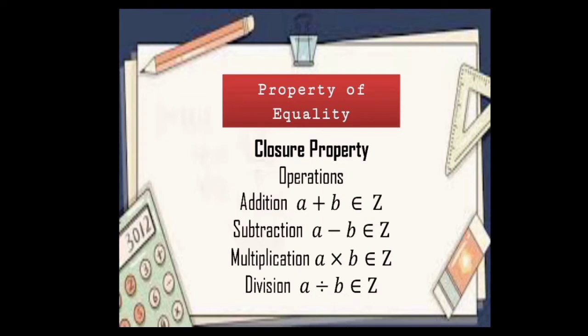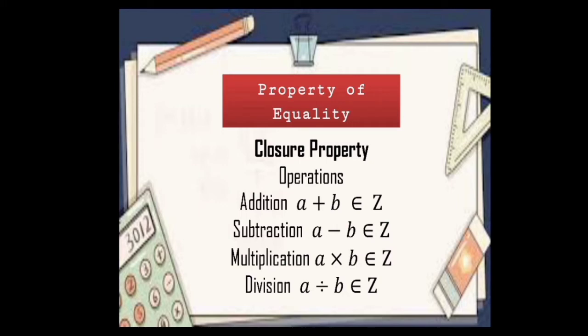The first one is addition, where A plus B is an element of Z. Subtraction, A minus B is an element of integers. Multiplication, A times B is an element of integers.